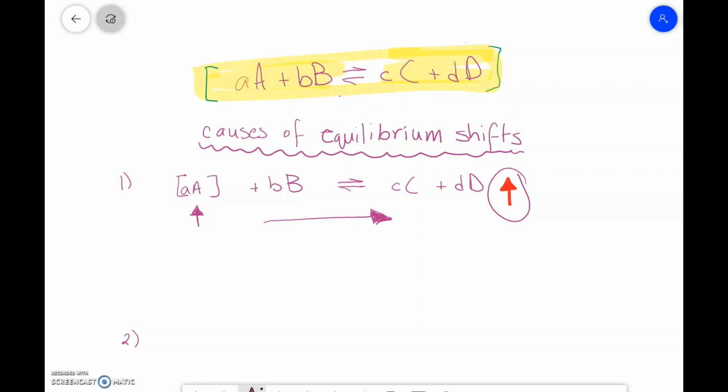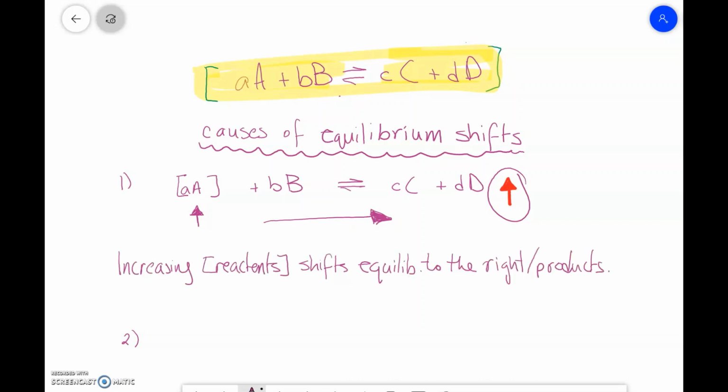Now, if you want to see it in words, this is how it looks. Just some things about this statement. Increasing the concentration of the reactants shifts the equilibrium to the right, or the products. And this can also be stated as the equilibrium favoring the right, the products. You can see this in any way, so just be sure to know that it means the same thing: when the equilibrium shifts to the right, it is going to cause the products' concentration to increase.